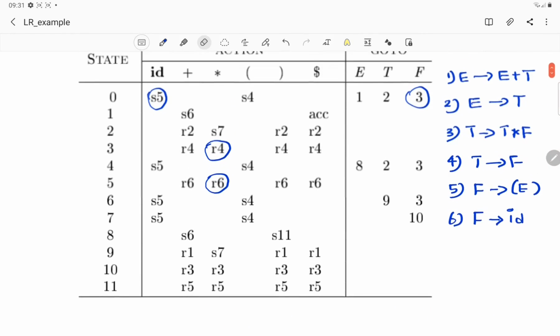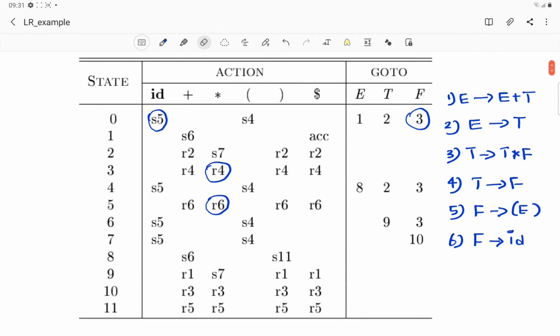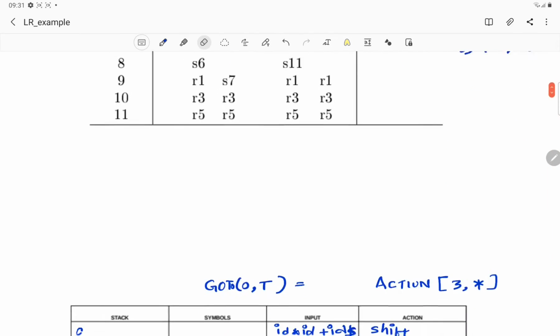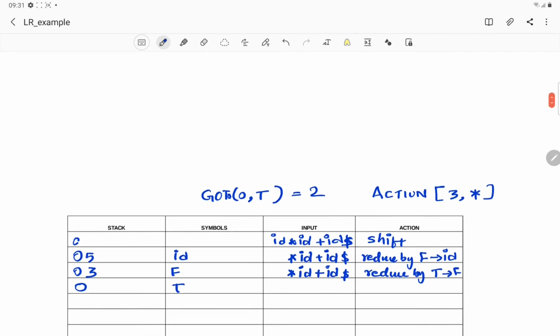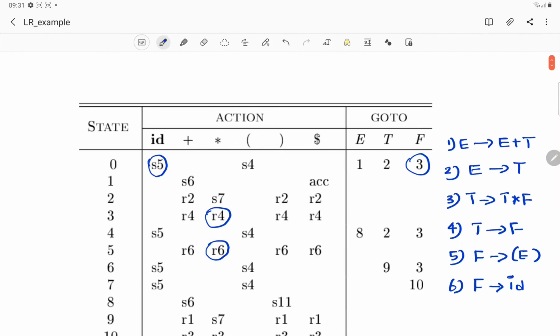What is goto of 0 comma T? This 2 is the goto of 0 comma T. So goto of 0 comma T is equal to 2.